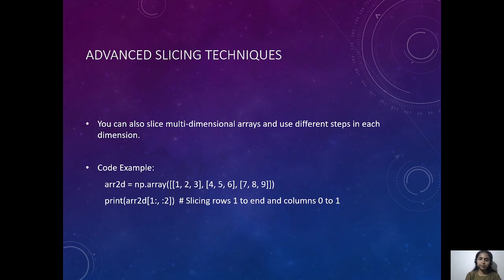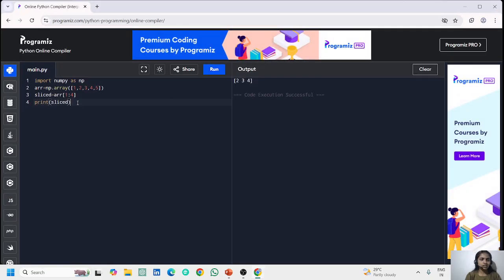You can also slice multi-dimensional arrays and use different steps in each dimension. For better understanding of these advanced slicing techniques, let's write a code and see. Let's remove all this. Let's take a two-dimensional array, equals np.array of some values like 1, 2, 3, 4, 5, 6, 7.